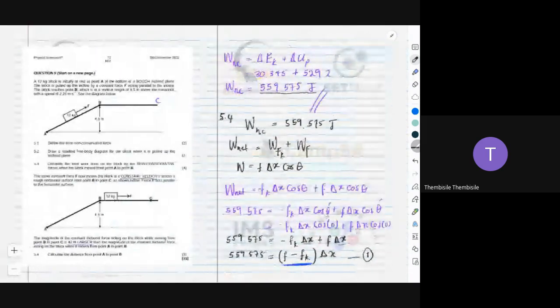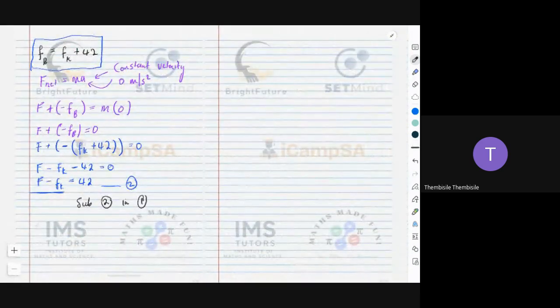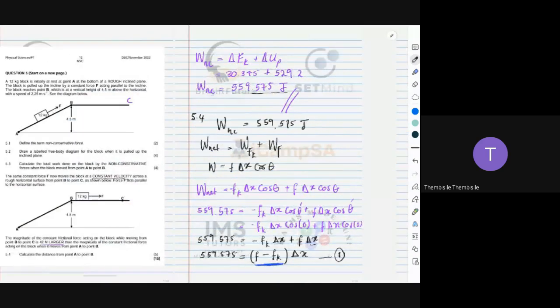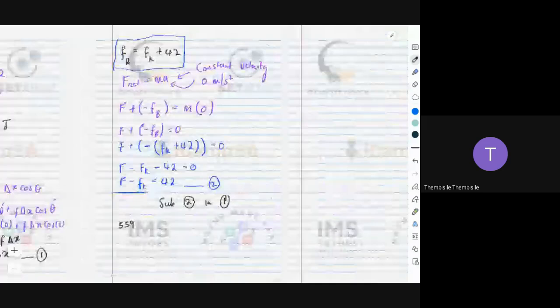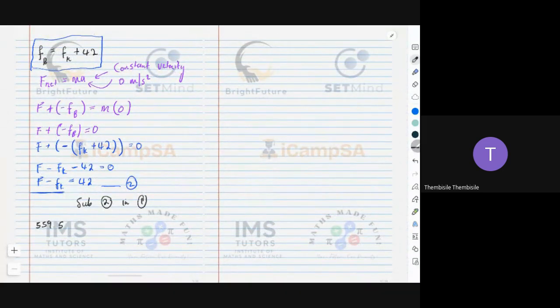Equation 1 is 559.575 equals F minus Fk times displacement. Okay, so I'm going to take this and put it inside here.